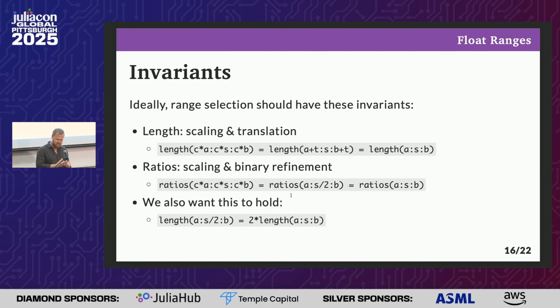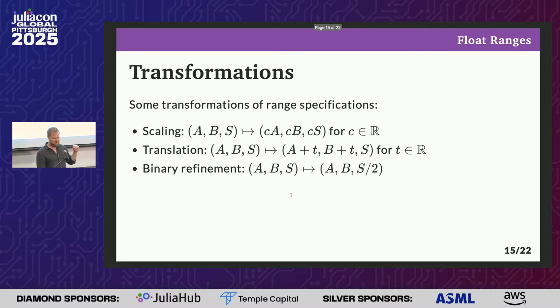Length should be scale and translation invariant. And I've written this in Julia syntax, but it's actually a little bit misleading because of course, if you multiply the floats here, you're not going to get exact invariance because there's roundoff with the multiplication. But what we're actually talking about is translating the exact mathematical intervals.